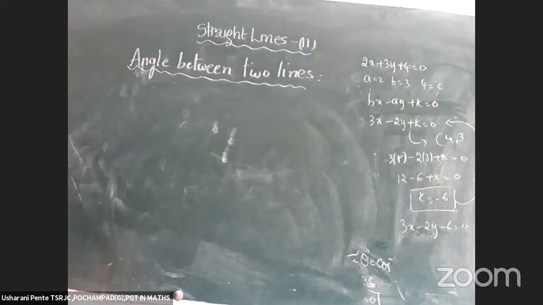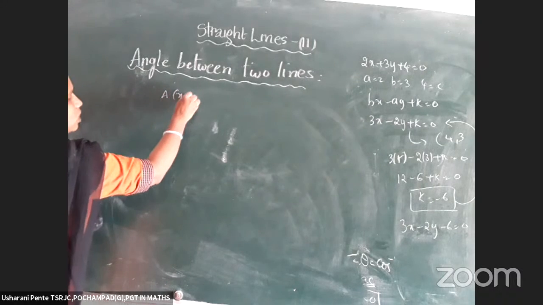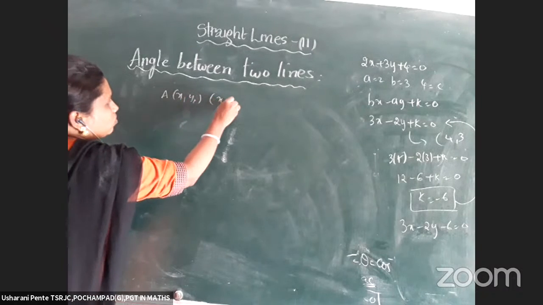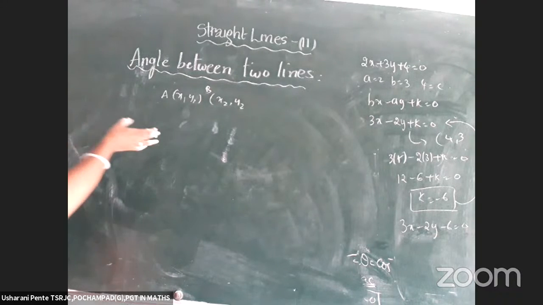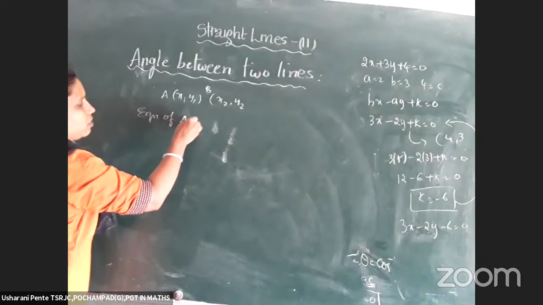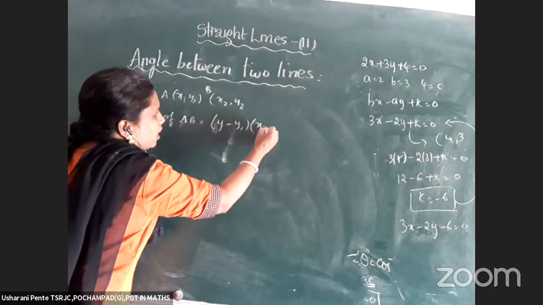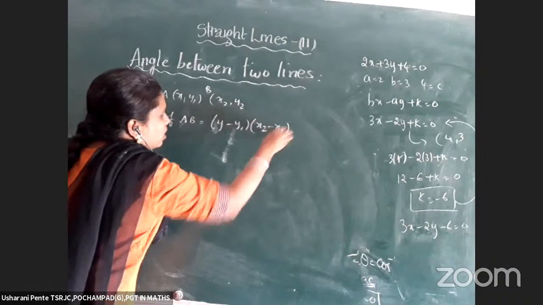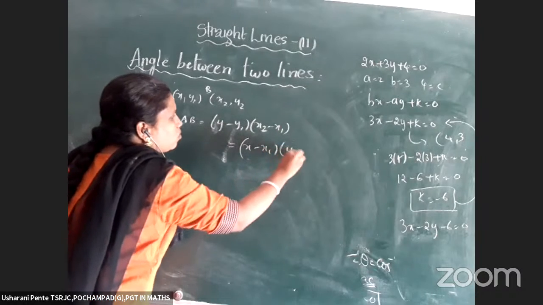We have also been given two points, A (x1, y1) and B (x2, y2). We know how to find the equation. Therefore, the equation of AB we can find by (y minus y1) into (x2 minus x1) is equal to (x minus x1) into (y2 minus y1).